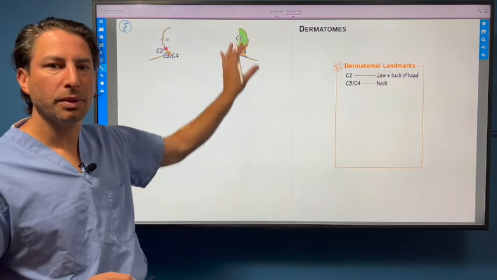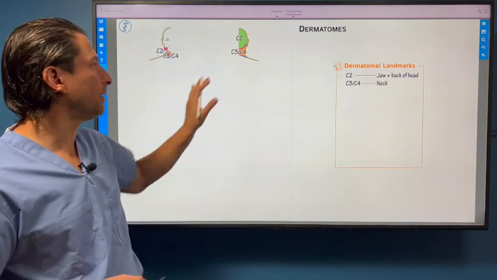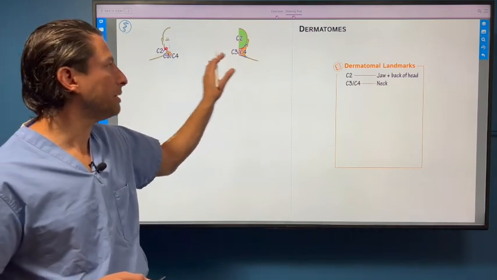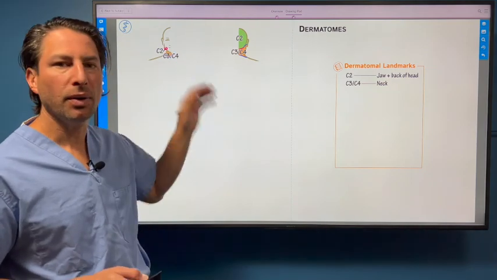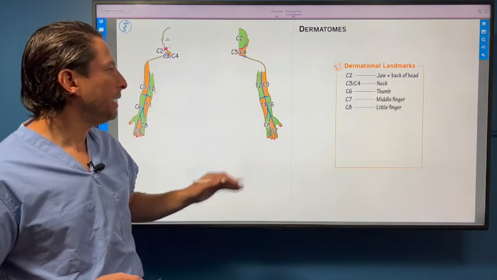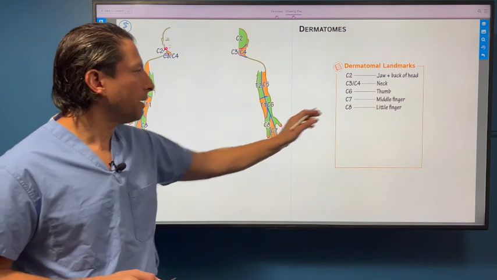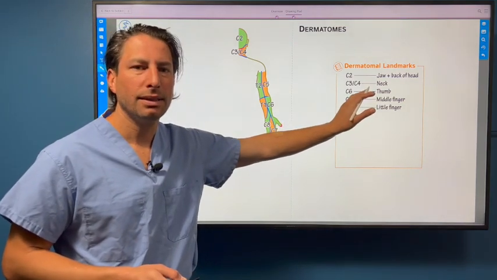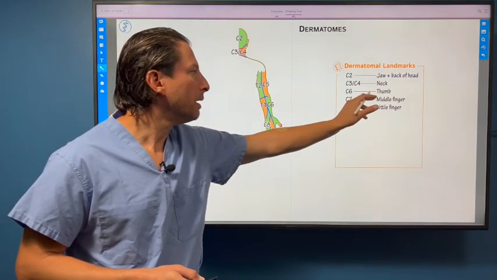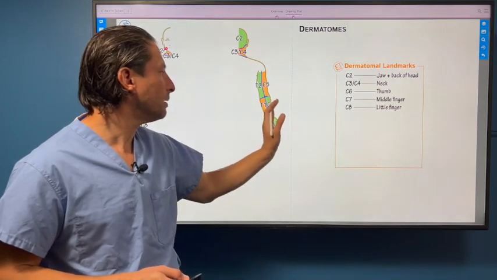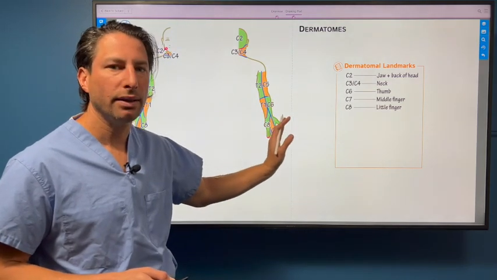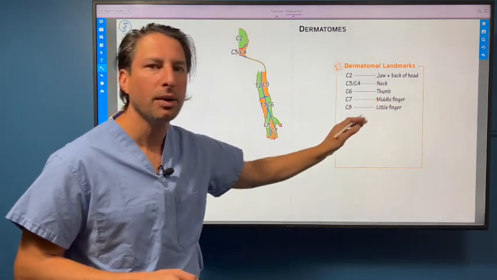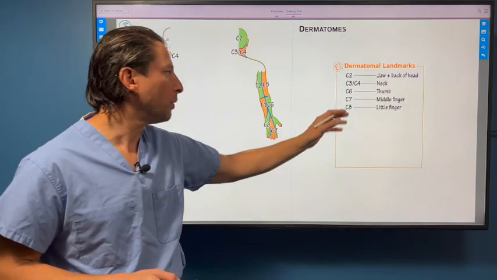So we'll go through things posteriorly here and anteriorly here. Here's C2, back of the head, C3, C4, the neck, both anteriorly and posteriorly. C6, think about, and we try to just point out some simple landmarks. Although these dermatomes stretch over long areas, if you know some simple landmarks, you'll have some orientation points.